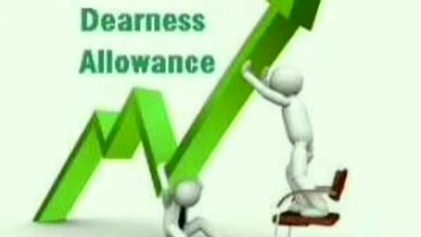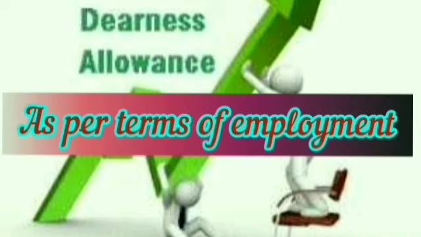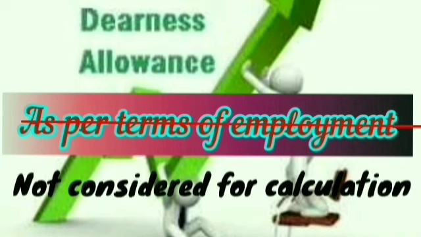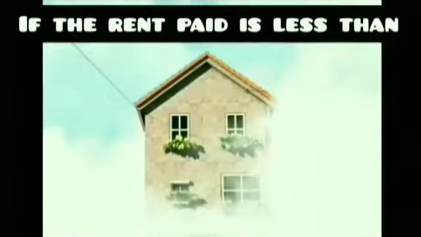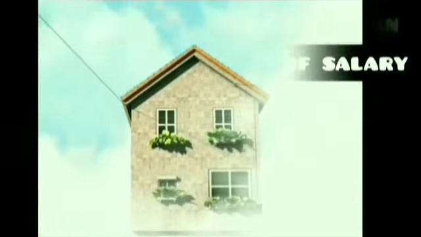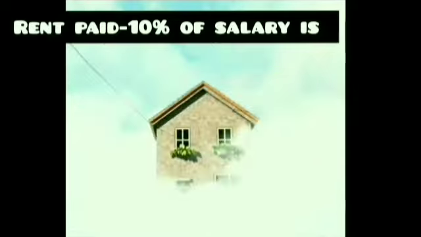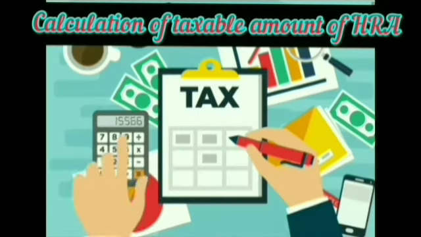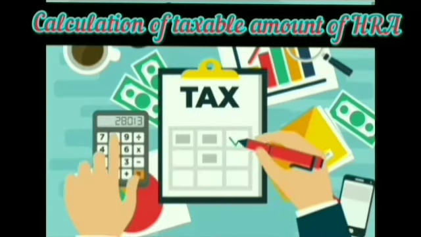In the case of dearness allowance, if the term as per terms of employment is not mentioned, then it is not considered for calculation. If the rent paid is less than 10% of the salary, then rent minus 10% of the salary will be nil.